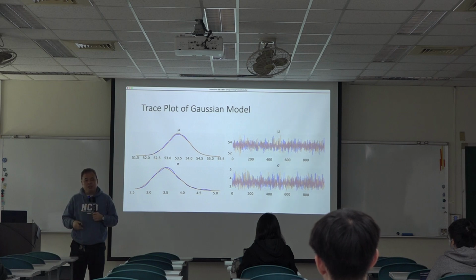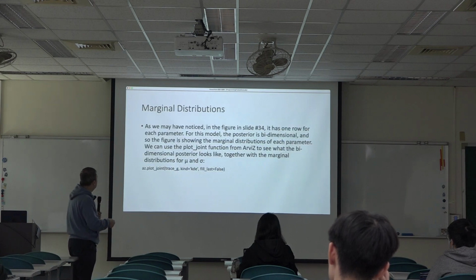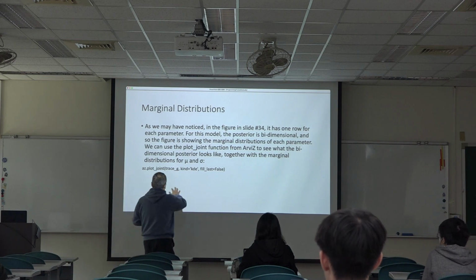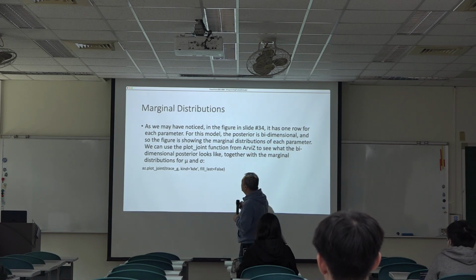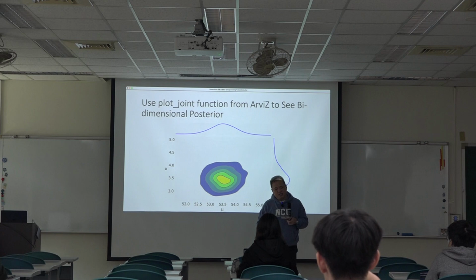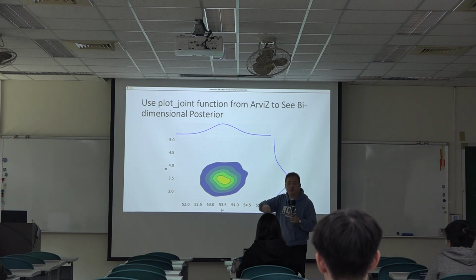If you want to see the joint probability distribution, you can use plot joint, feed in the trace G, and it is going to give you the joint probability like this. Sorry, I don't know the English term for that, but it's like a map showing a mountain, a contour plot, because it's three-dimensional.